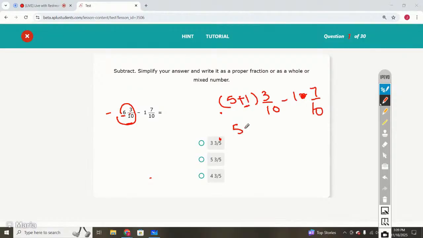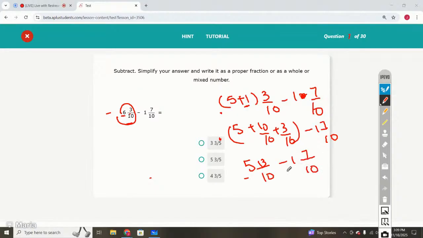Now we can write this 1 as 10 over 10. So that is 5 whole 13 over 10 minus 1 whole 7 over 10. Subtract the whole numbers. 5 minus 1 is 4. 13 minus 7 is 6. That is 4 whole 6 over 10. Let's divide the numerator and denominator by the greatest common factor, that is 2.